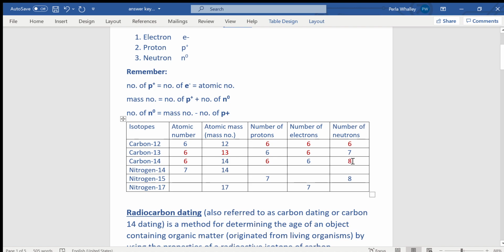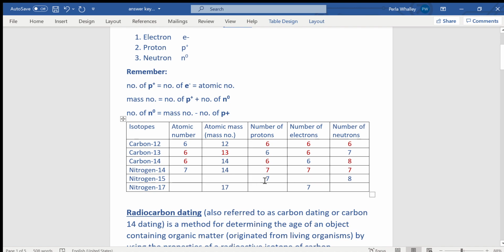Now, let's go to nitrogen. For nitrogen-14, the given is atomic number 7. So we know the number of protons will also be 7 and the number of electrons will also be 7. What is the number of neutrons? This is the mass number minus the number of protons, 14 minus 7, that would be equal to 7.